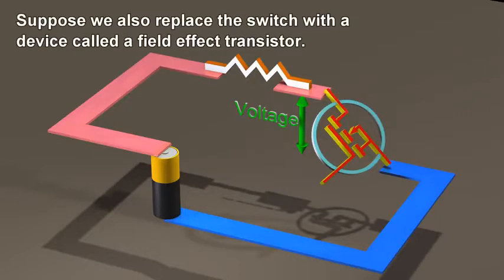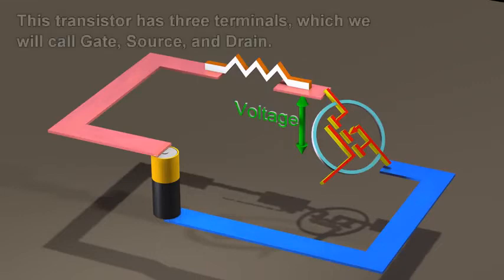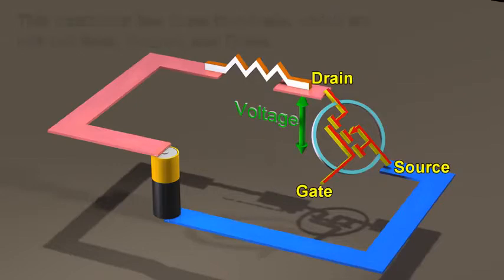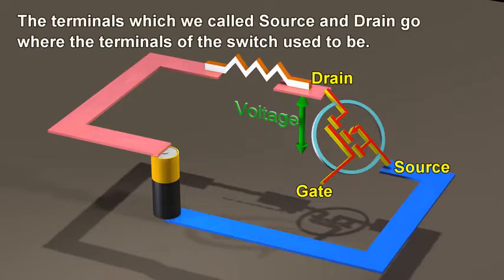Suppose we also replace the switch with a device called a field effect transistor. This transistor has 3 terminals, which we will call gate, source, and drain. The terminals which we called source and drain go where the terminals of the switch used to be.